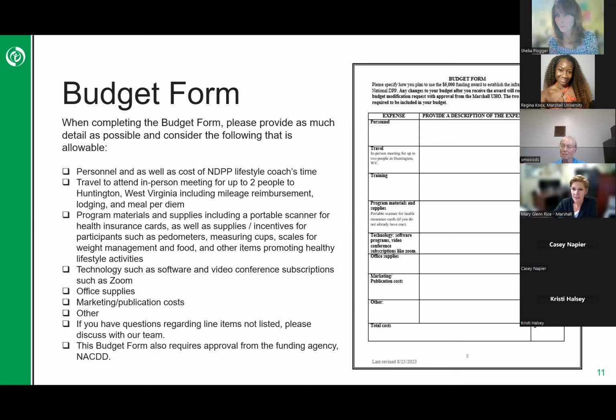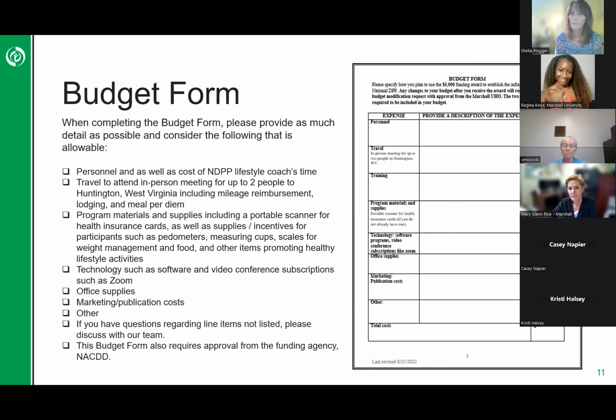If your application is accepted, you will receive $5,000, and this budget form helps determine how you will spend the $5,000, and that's why we are going over this form. And we're happy to help you complete the form. But we just need to know exactly. There are some items that are not allowable per federal funding. So we just need to make sure that you're spending properly and that we are allocating your funding properly.